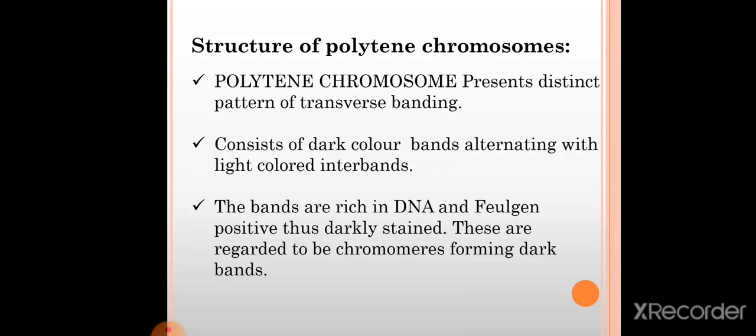So the ones which are darkly colored are called dark bands, which are rich in DNA and have less RNA in them, whereas the other bands which are lightly stained are called interbands, and these interbands show high concentration of RNA and lesser amount of DNA.